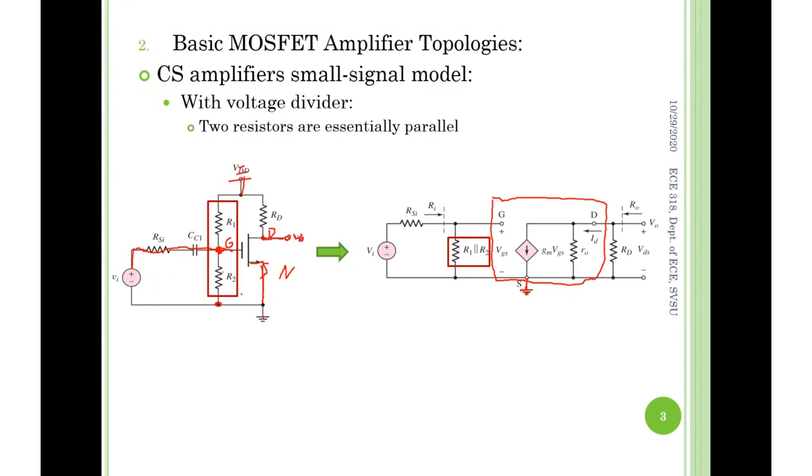So R1 is also between the gate and the ground. That's why R1 and R2 are parallel. After they're parallel, the gate is also connected to a shorted CC1 and RSI, and then connects to the VI. The other terminal, the negative terminal of the VI, is nothing but the ground. Here we go.